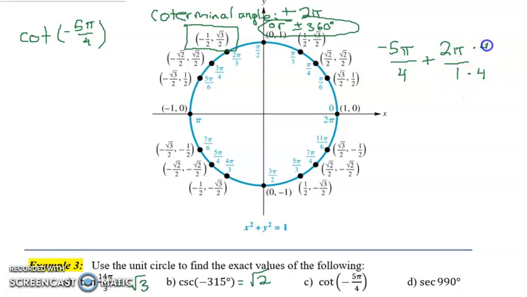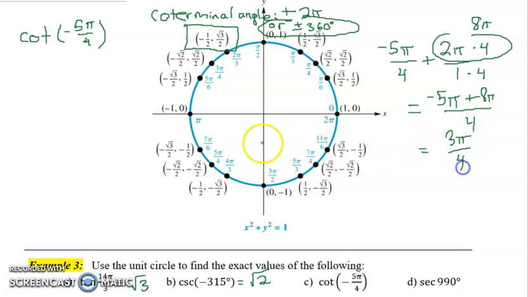I'm going to do top and bottom times 4, so these denominators match. Then they would both be over 4, and we can combine the numerators. So negative 5 pi plus 8 pi. Negative 5 plus 8 is positive 3 pi over 4. So the negative 5 pi over 4 angle is coterminal with 3 pi over 4.